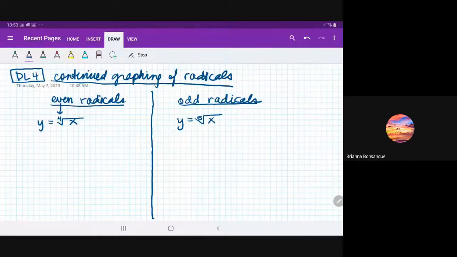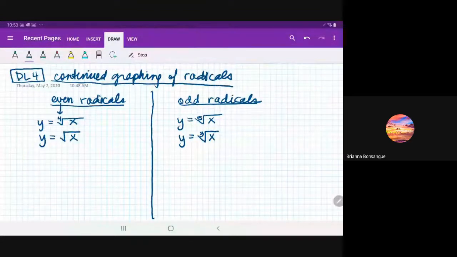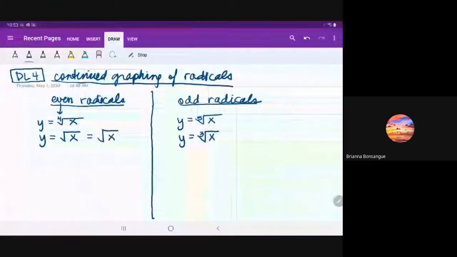We did cube roots on Tuesday, and we also did square roots. But with square roots, usually they don't put a number in the corner. So I'm going to put square root of x right here and put the 2 in the corner.